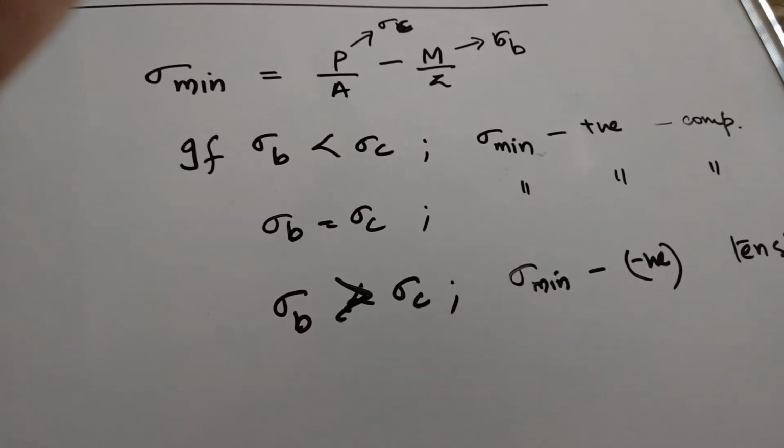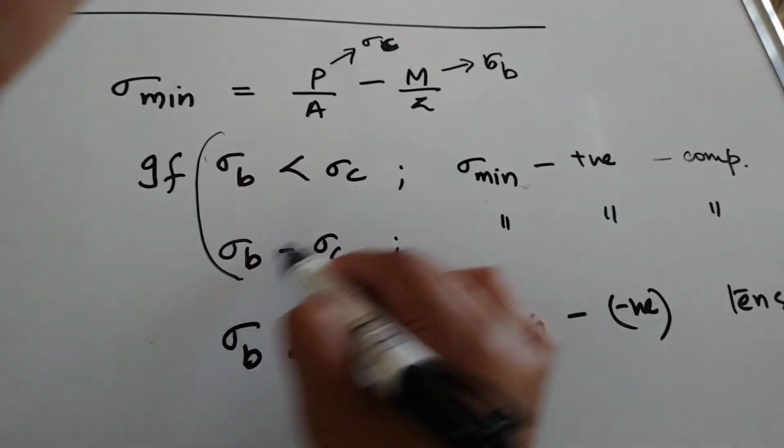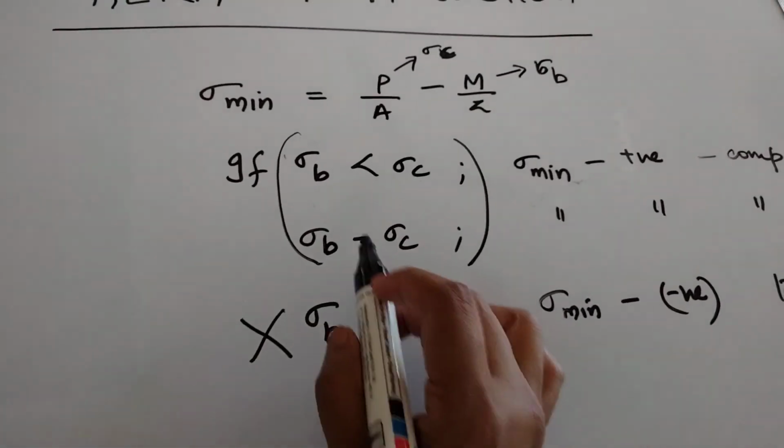So in order that it should not be tensile, only these two conditions should be there. This condition should not be there. So that is the kern.